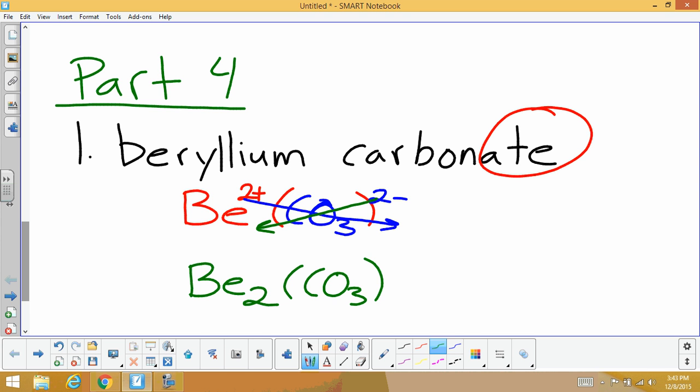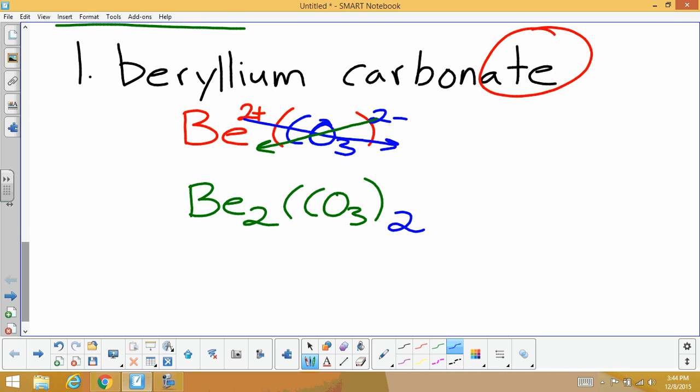And remember, with a polyatomic, we're not going to mess with the CO3. That's not going to change. But that 2 is going to go on the outside. This is acceptable, but we can reduce this since the 2 and the 2 are common factors. We can simplify it to just be Be parentheses CO3. Both of those would be representing beryllium carbonate.